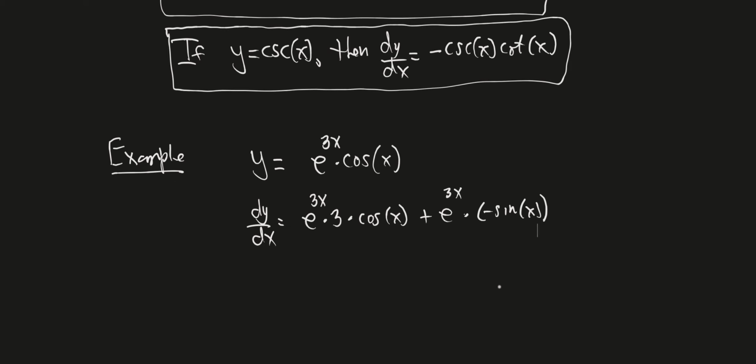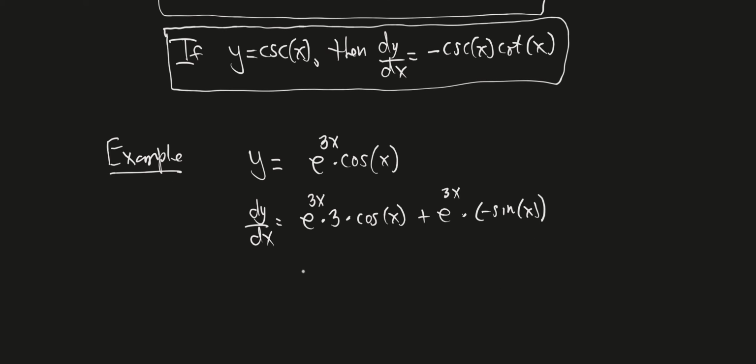So let's look at different ways that this can be written. Certainly I can write the 3e to the 3x cosine x like that. Now, this coefficient is a positive 1. This coefficient is a negative 1. So the product is going to be a negative e to the 3x sine of x.